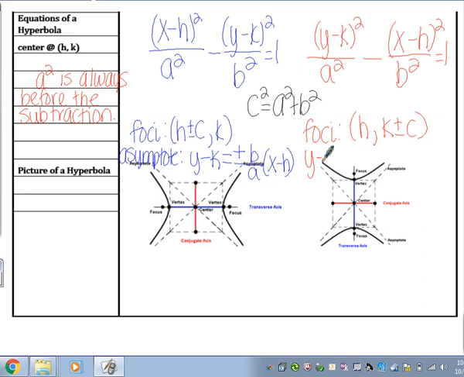This one is y minus k equals plus or minus a over b, parentheses, x minus h. So the only thing that's different between the two of these is this one is b over a, this one is a over b. And this is just x minus h here, y minus k here from the center.